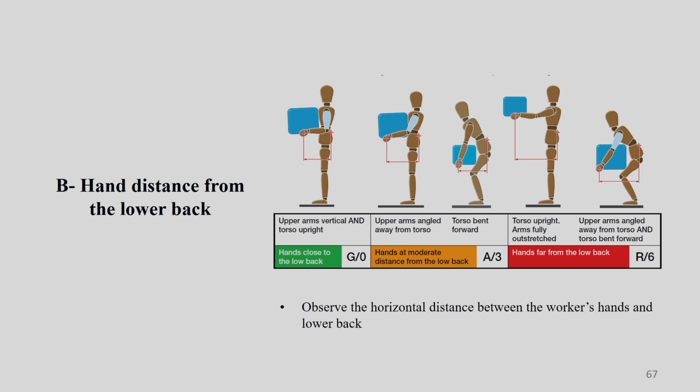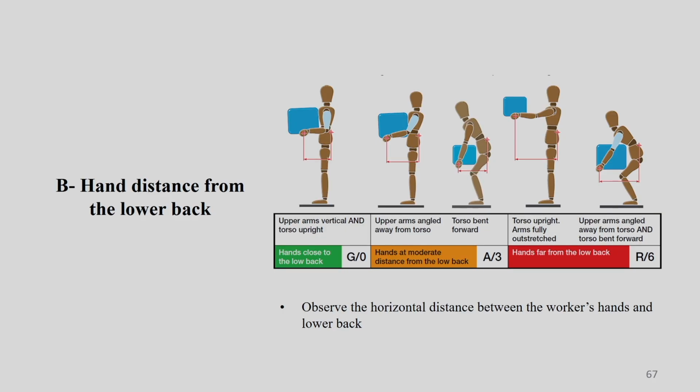What we are saying, in green, upper arm is vertical and torso upright. So it's a best posture, right? Upper arm is vertical, so you are not taking this upper arm away from your body, and you are holding your torso upright. So there is no bending, no twisting, no side bending, nothing. In that case you also need to see the hands are close to the lower back.